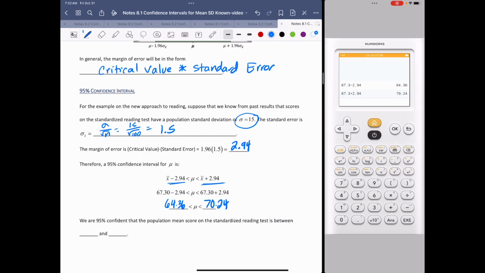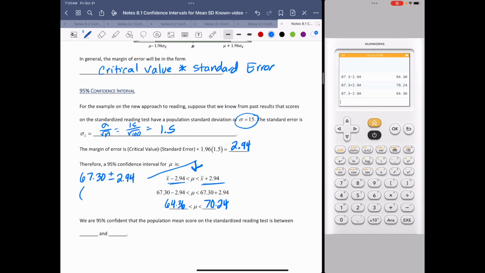Now, what I do for this that I think is easier is I start with, when you do your confidence interval, you're going to end up here with your math. You're going to have 67.30 plus or minus 2.94. Alex is going to go to this. What I do is I just do 67.30 minus 2.94.